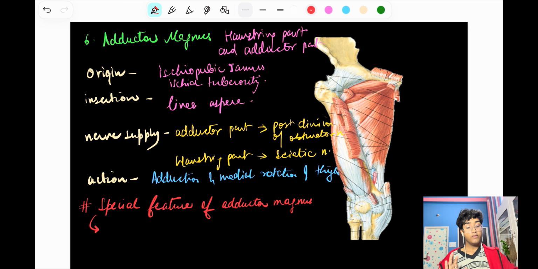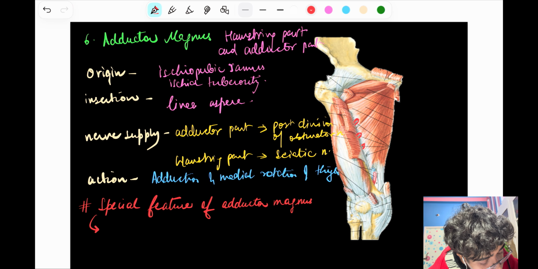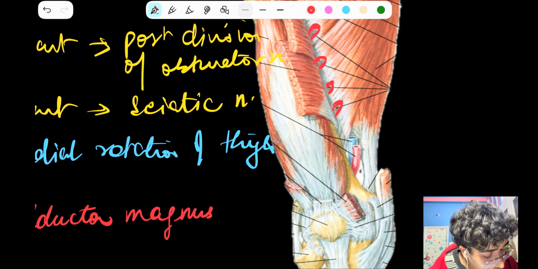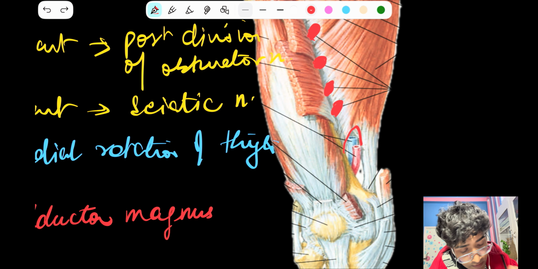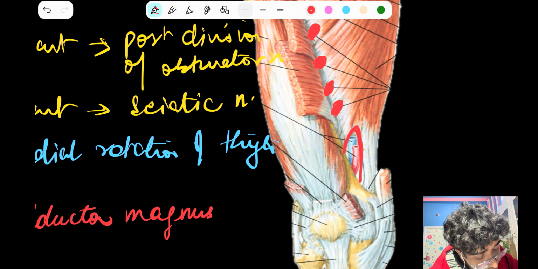Now coming to the special feature of the adductor magnus muscle. This adductor magnus has a few holes in it: 4 minor openings and 1 large opening, known as the adductor hiatus.